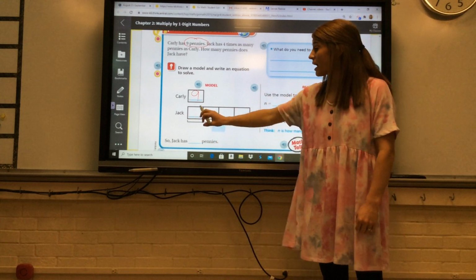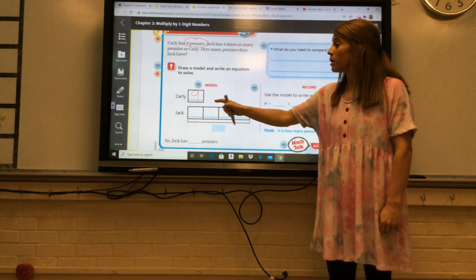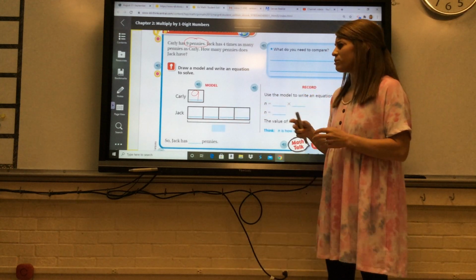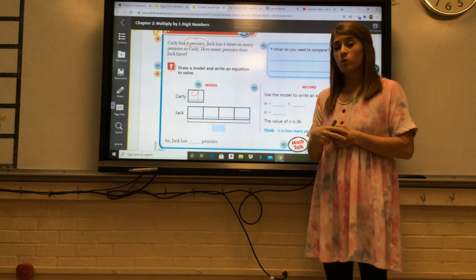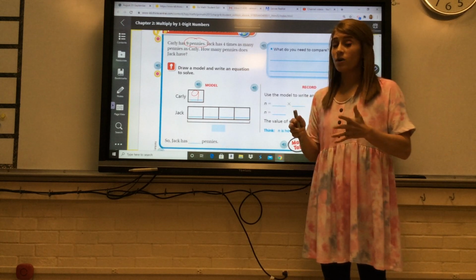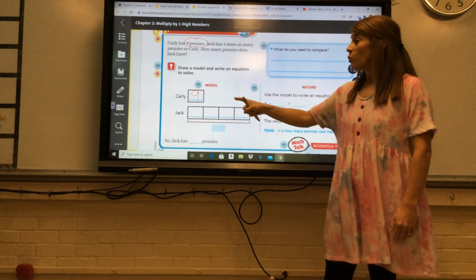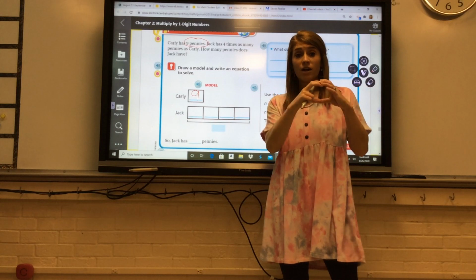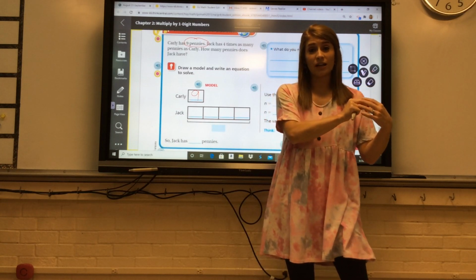So notice how Jack has 1, 2, 3, 4 boxes next to his name. What are we going to put in those boxes if he had 4 times as many? No, we're not going to put 4 because there's 4 boxes. We're going to copy Carly's box because Jack has 4 of those boxes just like Carly.